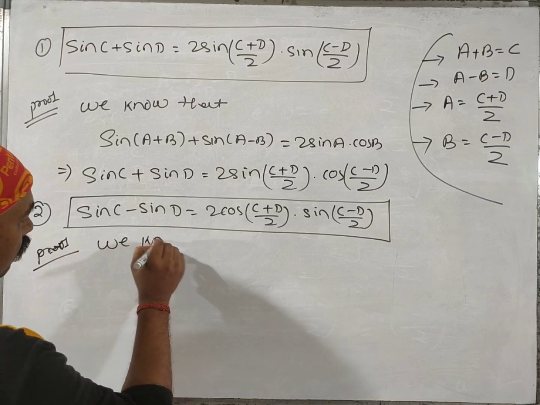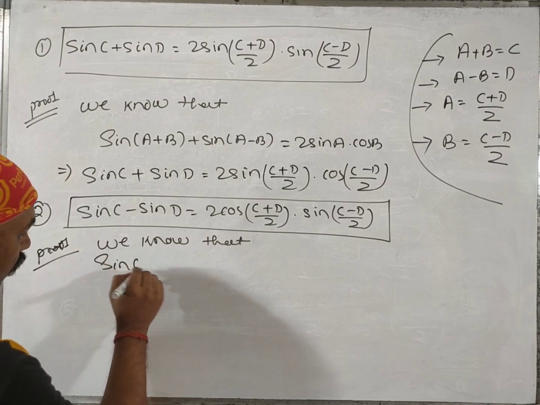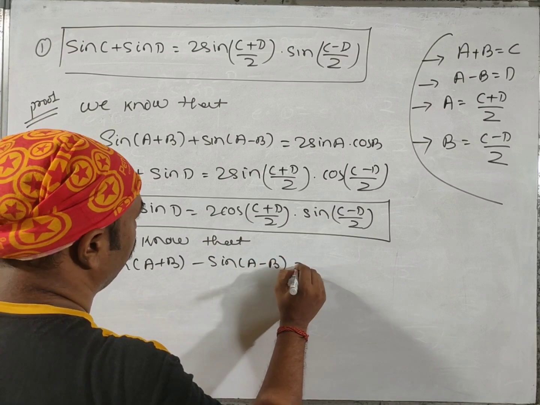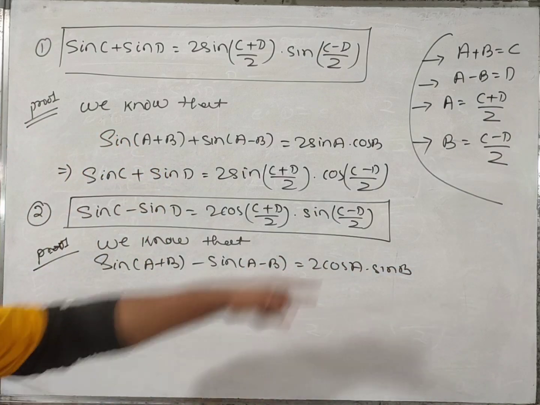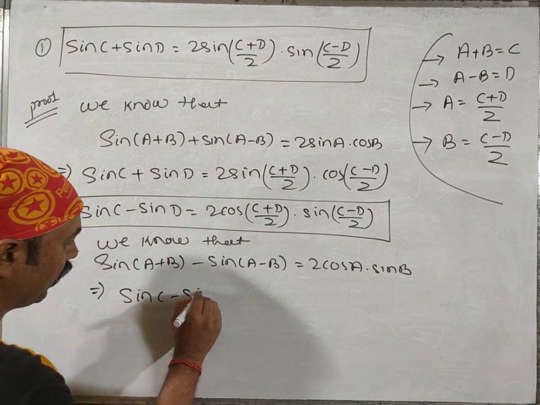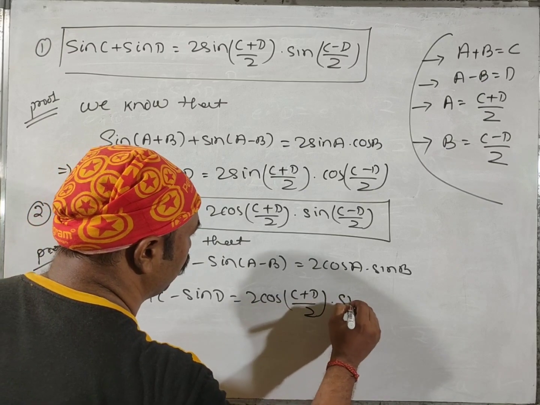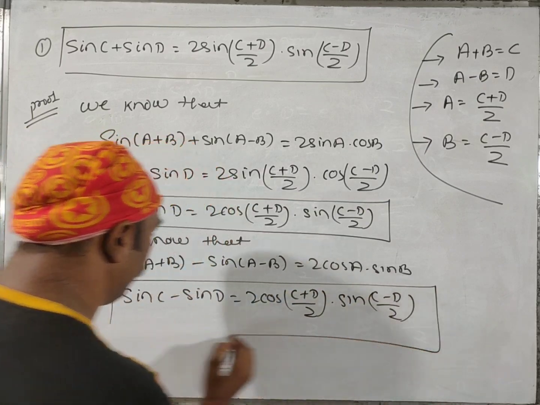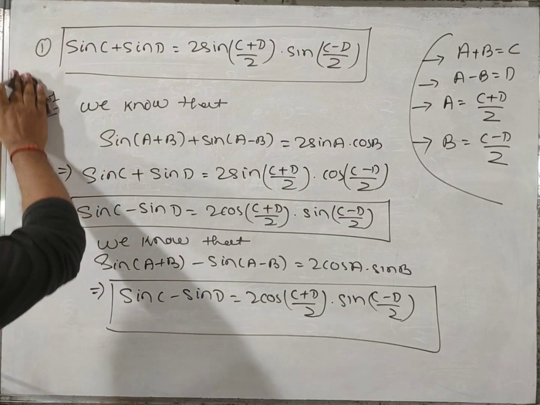We know that sin(A plus B) minus sin(A minus B) is 2 cos A into sin B. By putting these four values here, we have sin C minus sin D is 2 cos((C plus D) by 2) into sin((C minus D) by 2). And here is the proof of the second formula. Then let us go through the third, fourth and fifth.